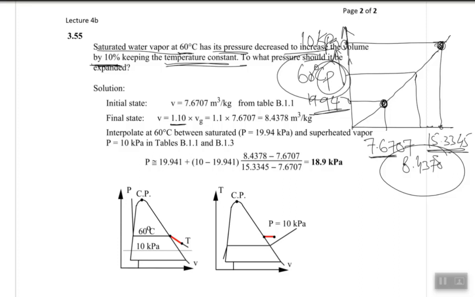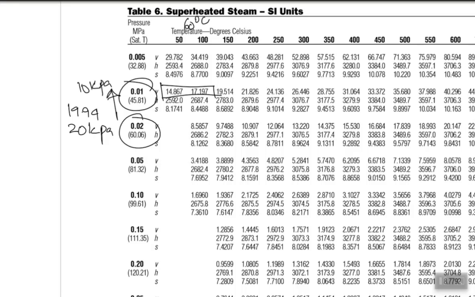What's a little bit tricky about this question is I said let's assume that we know the volume at 10 kilopascal at a temperature of 60 degrees. But if you look at the steam table itself, we do not have a column of 60 degrees centigrade at 10 kilopascal. So first, on a rough side, you have to find the volume at 60 degrees centigrade, obviously by interpolation between the two values.